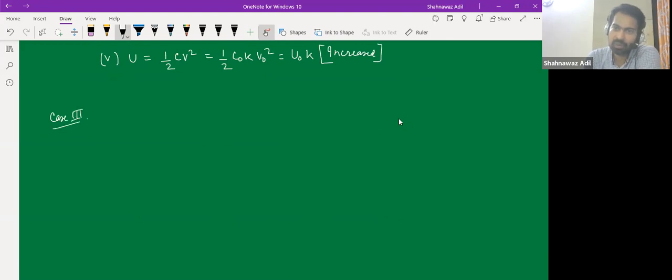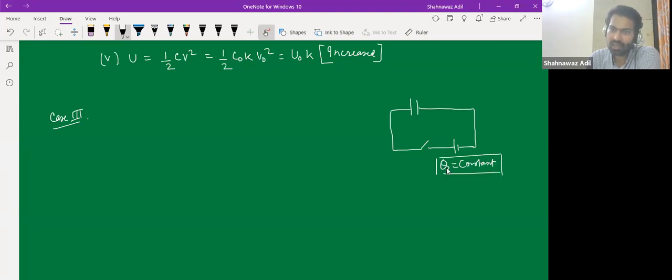Whenever the battery is disconnected, let's say this is the switch and it is disconnected, then your Q is constant. Charge remains constant and voltage differs. So this is the idea.